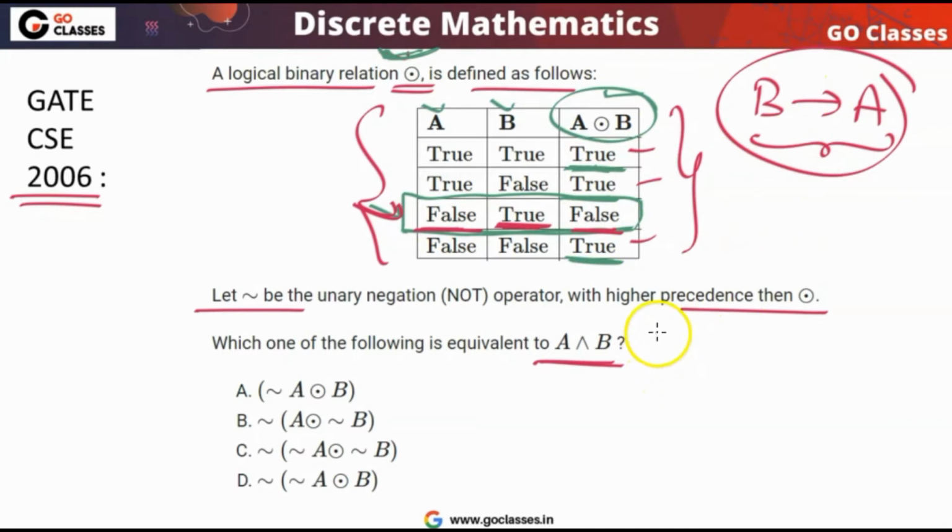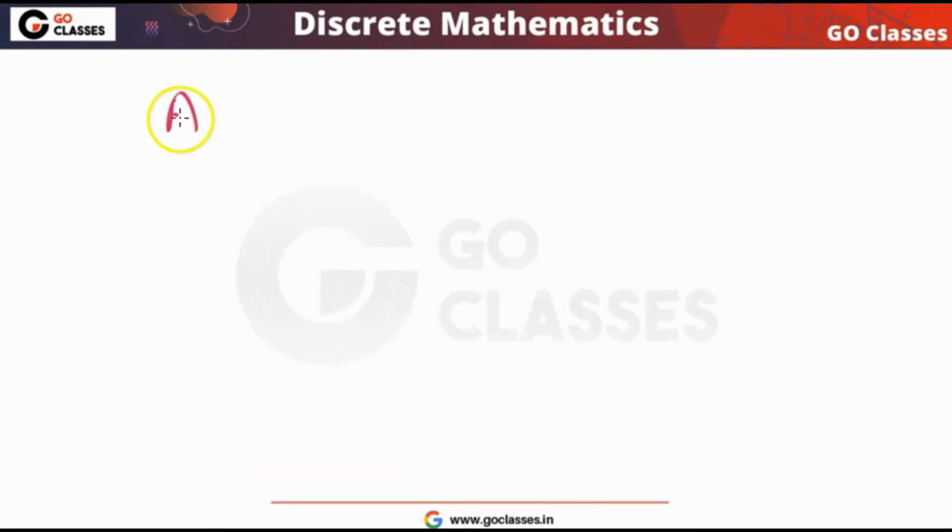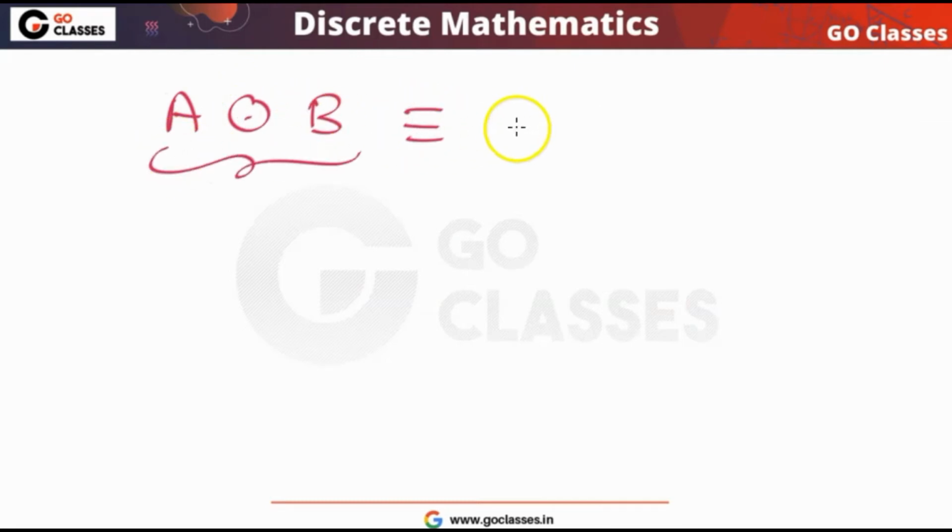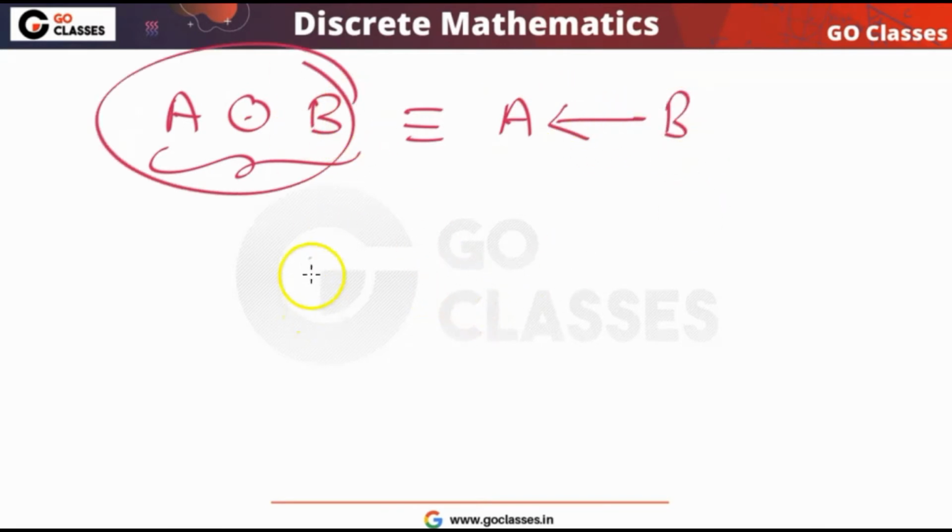So what can I say? I can say that this new operation is basically B implies A. This new operation is nothing but backward implication. So this new operation A B is B implies A. Remember, this is basically backward implication.